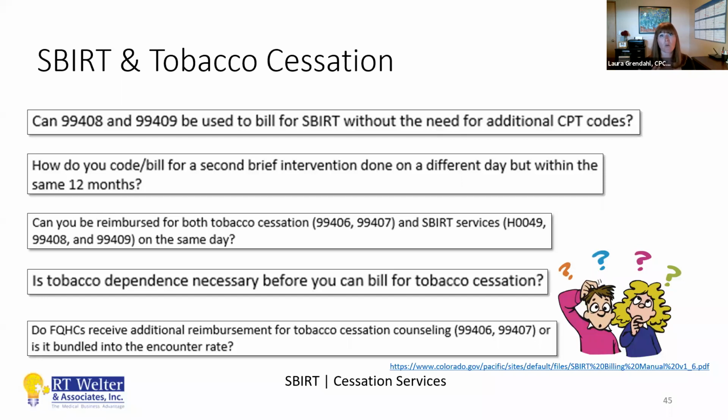And so what we found was that 99406 and 99407 were included in the national FQHC. If anybody has a reference, there was nothing we could find that exactly showed all of those different codes broken down.